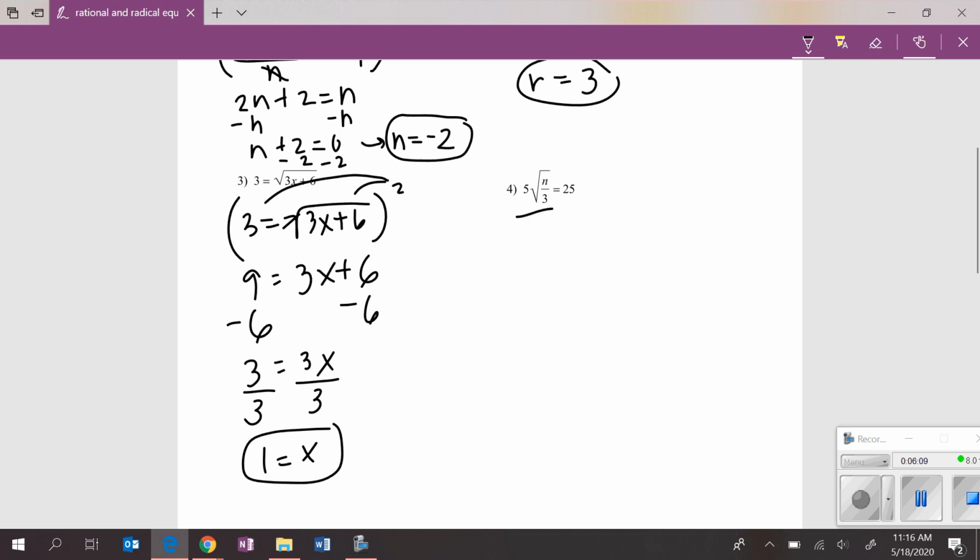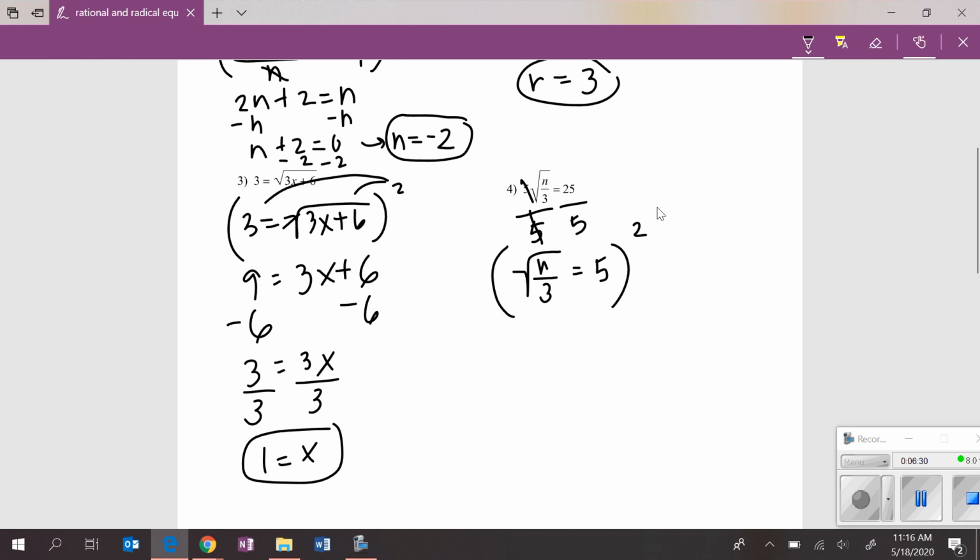So let's start by dividing everything by 5, and that's going to cancel that 5 there. I've got the square root of n over 3 equals 5. Okay. Now we've got smaller numbers that are much easier to manipulate.